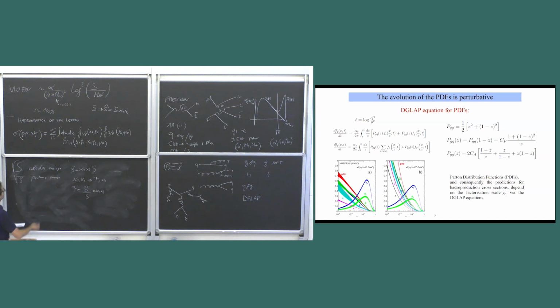So one can show that the same equation I can rewrite like: sum over i,j, integral from tau min to 1 of d tau, sigma hat ij at tau S, times l ij of tau at mu F, where l ij of tau at mu F squared is equal to the integral from tau to 1 of dx over x, f i of x at mu F squared, f j of tau over x at mu F.